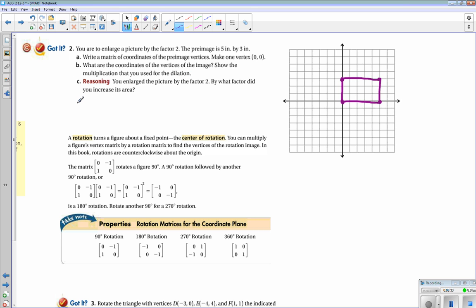For A, the matrix would be, if this were A, B, C, and D, (0, 0) is our first coordinate, (5, 0) is our second coordinate, (5, 3) is our third coordinate, and (0, 3) is our fourth coordinate.